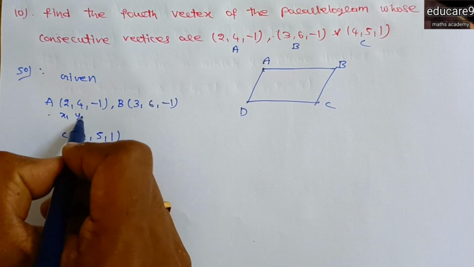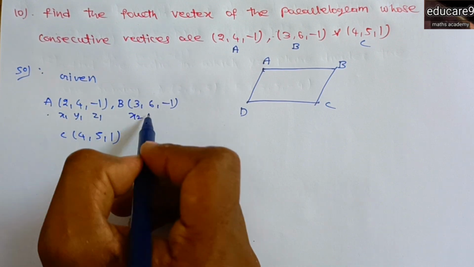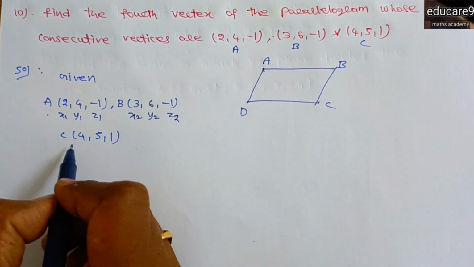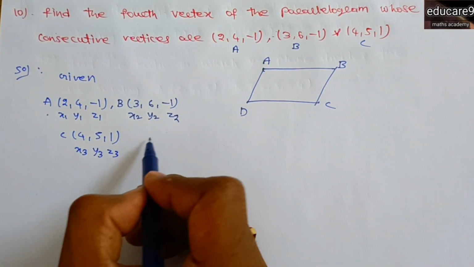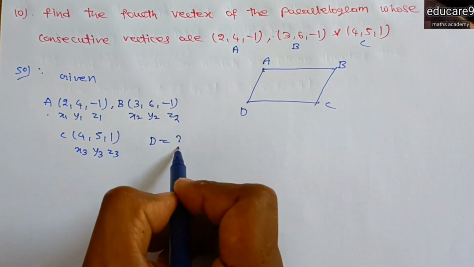So A is (x1, y1, z1), B is (x2, y2, z2), C is (x3, y3, z3). So you can find the fourth vertex, D.